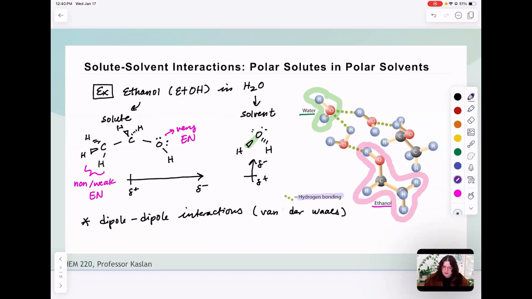So a hydrogen bond is not a bond in the sense that electrons are not being shared between two atoms, so there's no covalency, nor are electrons being donated or accepted, so there's no ionic bond. However, hydrogen bonds are referred to as hydrogen bonds because they are a type of dipole-dipole interaction that is incredibly strong. So hydrogen bonding.